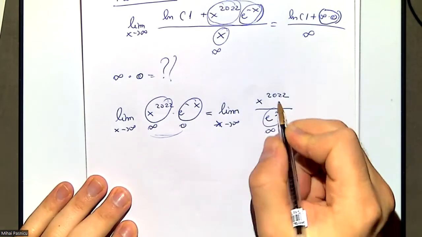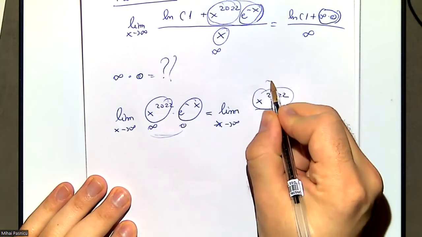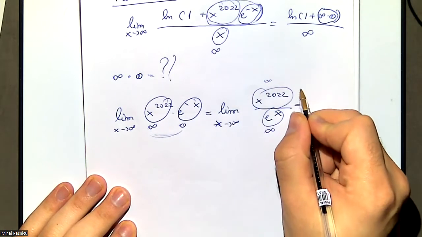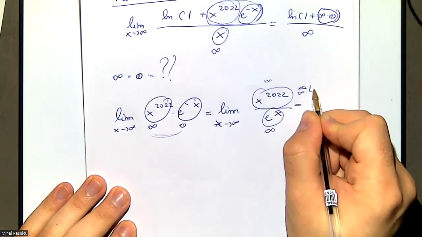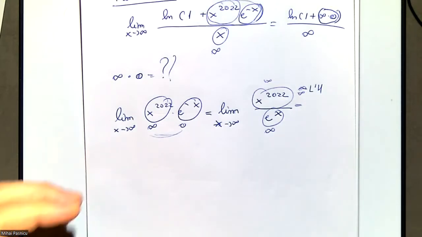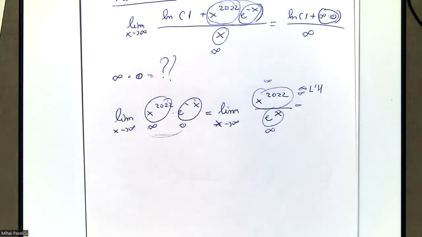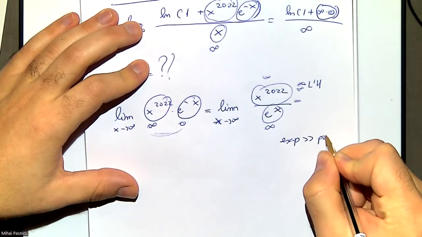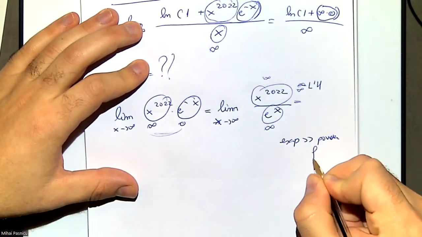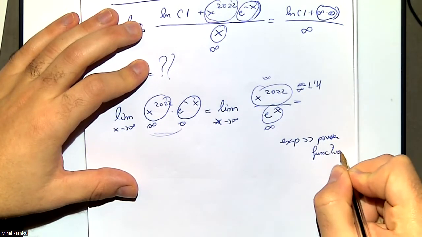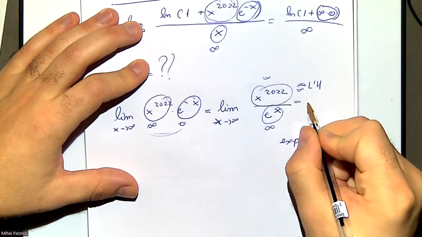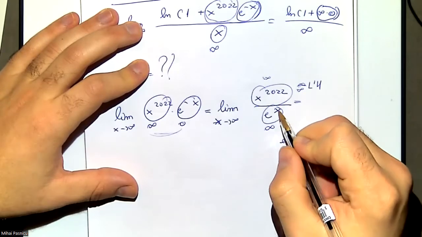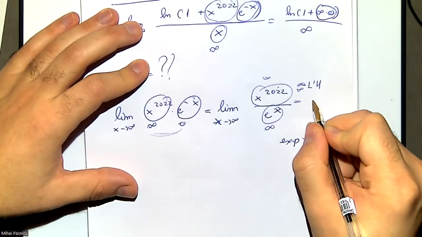This infinity, so you are infinity over infinity, free to apply L'Hopital. Either you do that, or you just say exponential is bigger than power function. So this is much bigger than this, so this is just equal to 0.